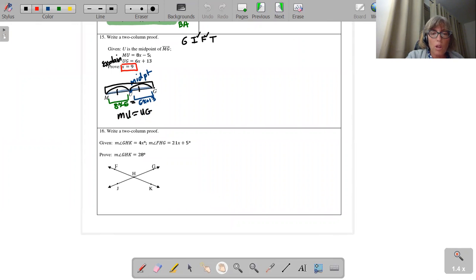Okay, this is another 2-column proof, so we get lots of space here.